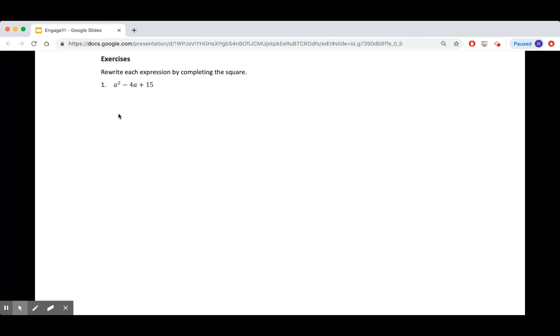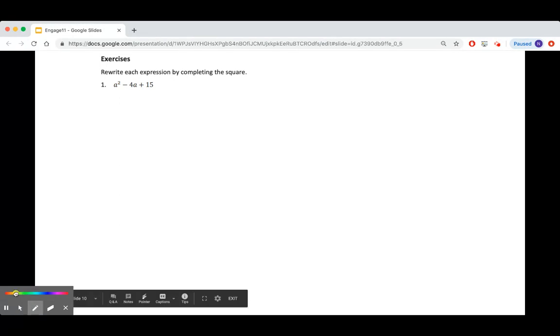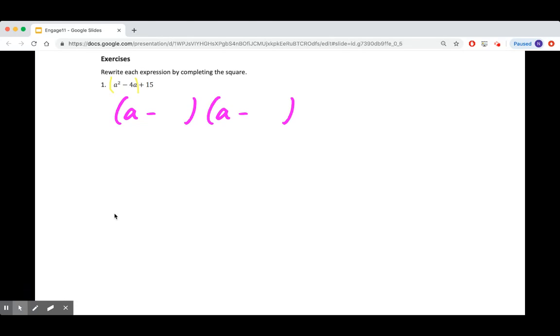If I have the expression a squared minus 4a plus 15, I want to focus on the first two terms to create some form of a perfect square. I'll know that a minus some number times a minus some number will get me a standard form that at least includes a squared minus 4a.